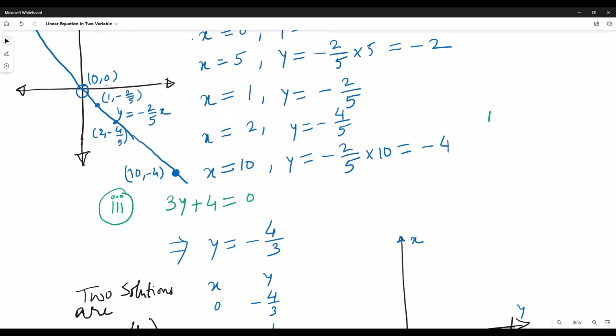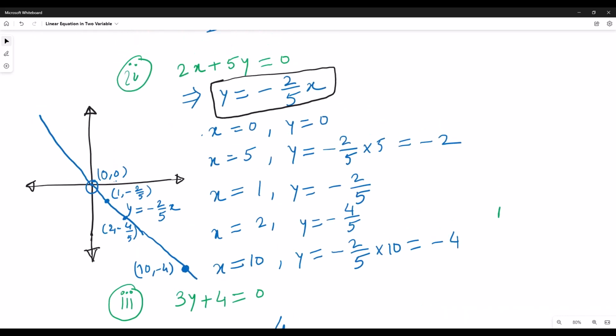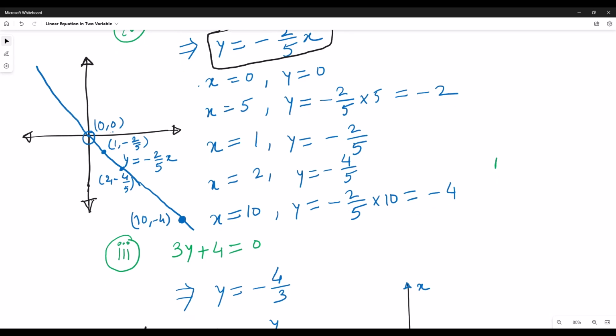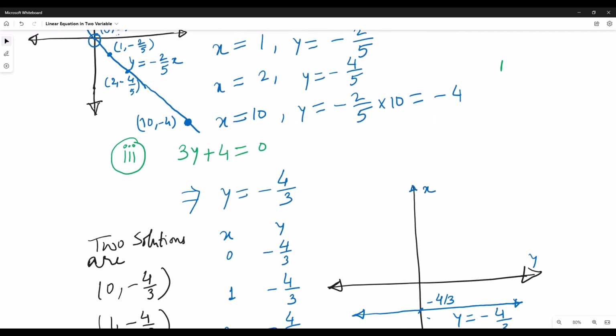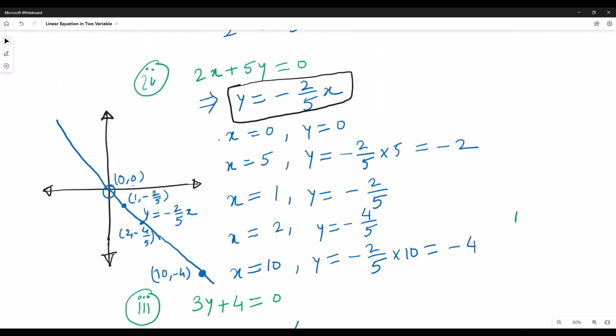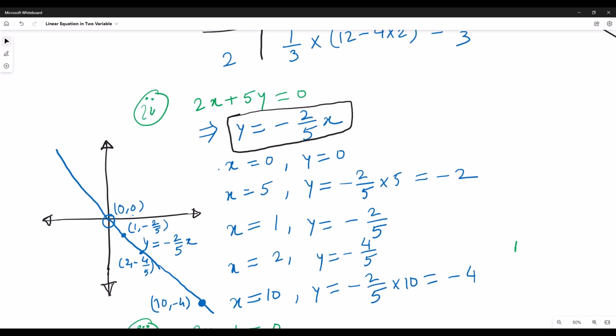Use graph paper and plot it, so you understand how these points are located in a coordinate plane. If you plot it, you will get a straight line. Later you will understand why it is a straight line, but practically you can plot all these points and you will find that all these points lie on a straight line.